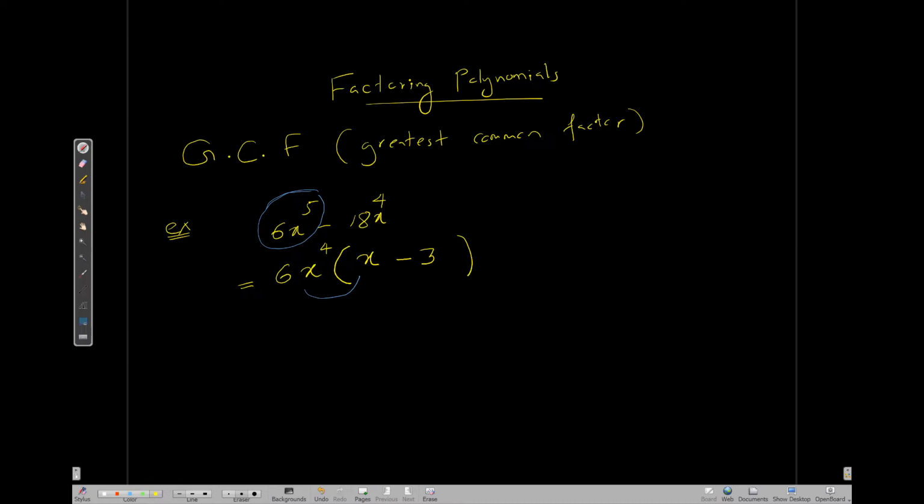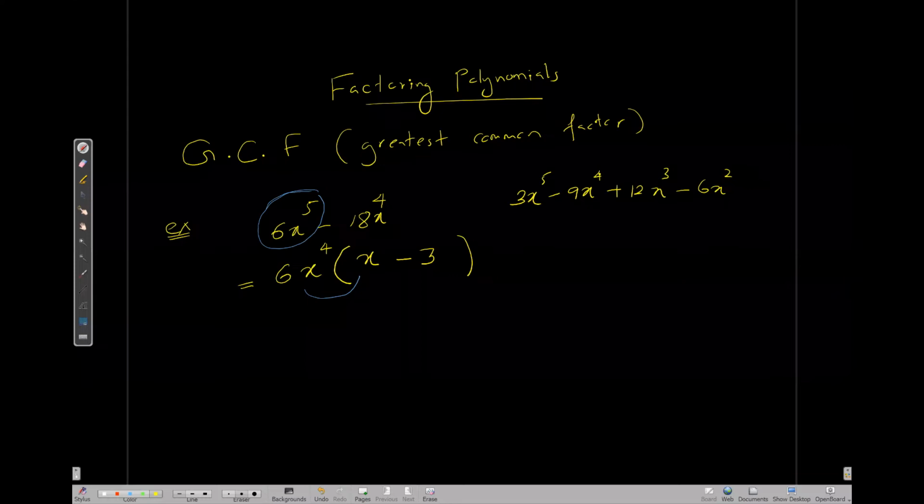Let's see a more complicated example. 3x to the 5th minus 9x to the 4th plus 12x cubed minus 6x squared. Okay, look at the numbers 3, 9, 12, 6. So I can pull 3 out because 3 is a factor of all those numbers. And with the powers of x, what is the largest power that you can pull out? That's going to be the minimum power appearing in your polynomial. So x squared.